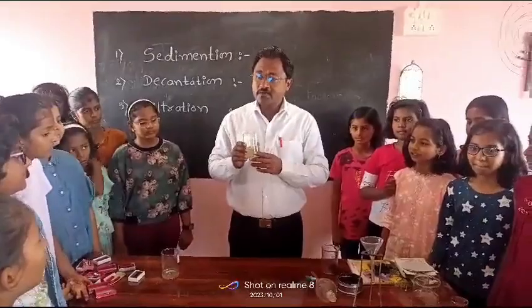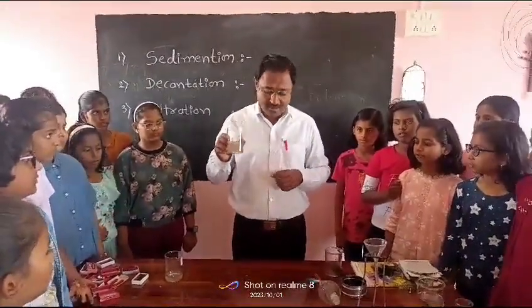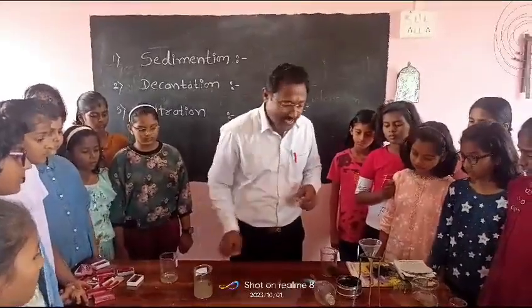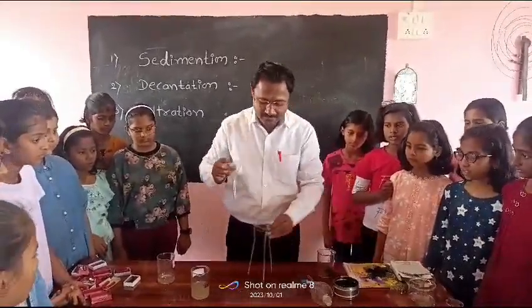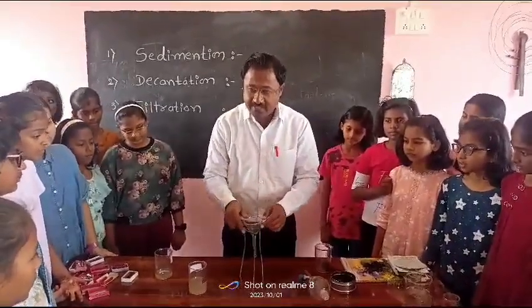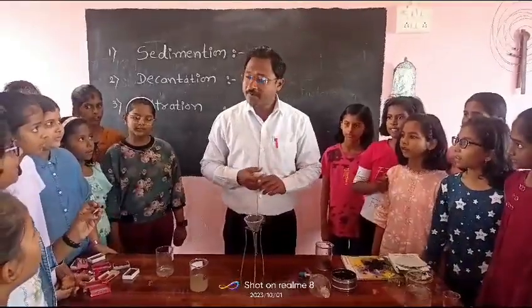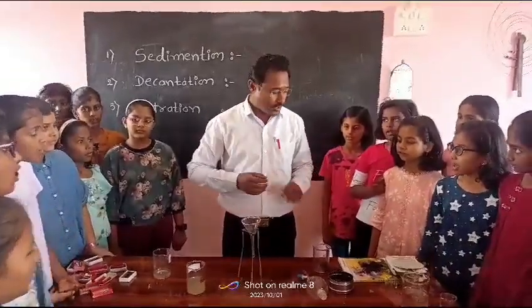Is this 100% pure water? No. For that purpose, we can do another experiment based on filtration. For filtration, I take a stand. This is a filtering funnel. Which materials are used for filtering? Filter paper and muslin cloth.